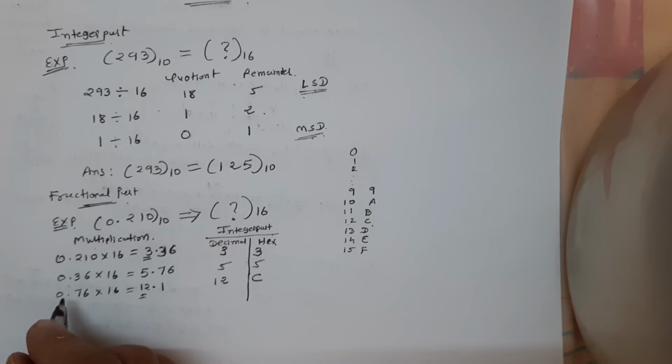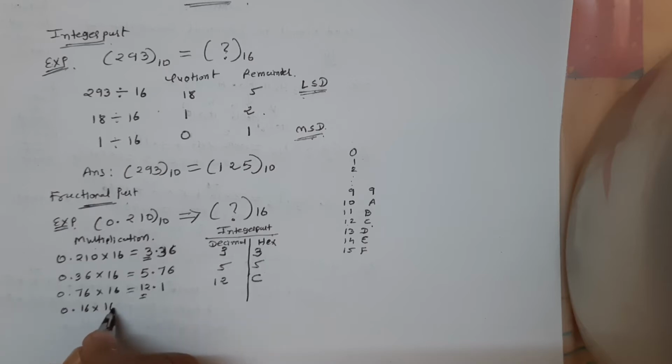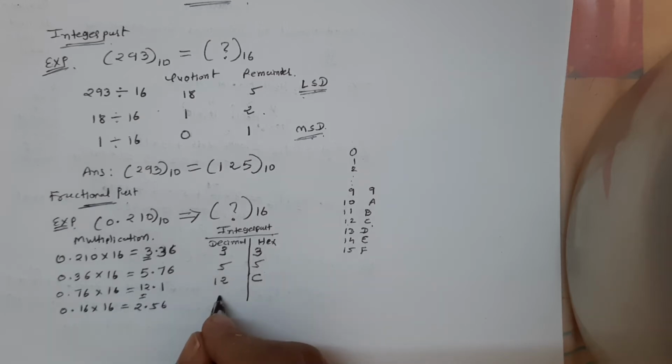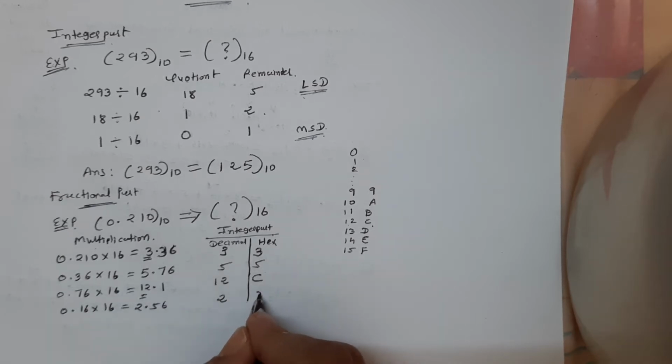Again, this 0.16 is multiplied by 16, it is equal to 2.56. What is your decimal? 2. What is your hexa?